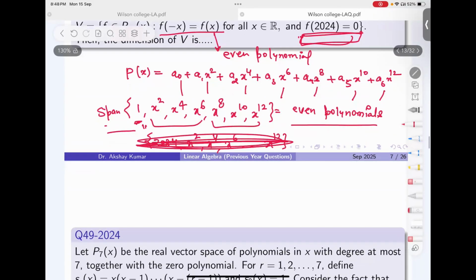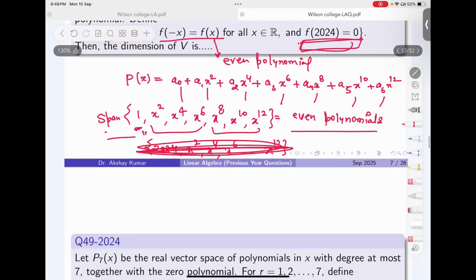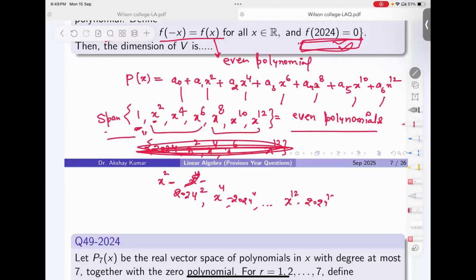So what can you say about this? We can change this part, right? How? x square minus some number, x to the power 4 minus some number. We want something like x square minus 2024 square, so it will be 0. Similarly, x to the power 4 minus 2024 to the power 4, and x to the power 12 minus 2024 to the power 12.